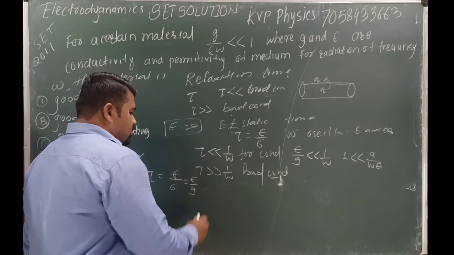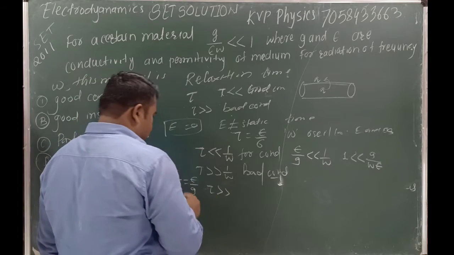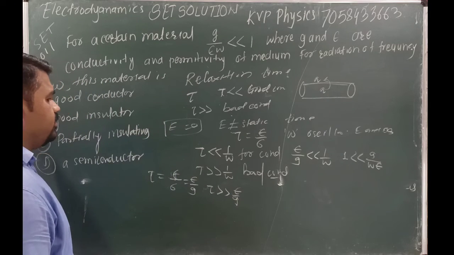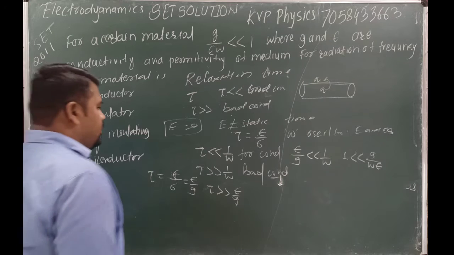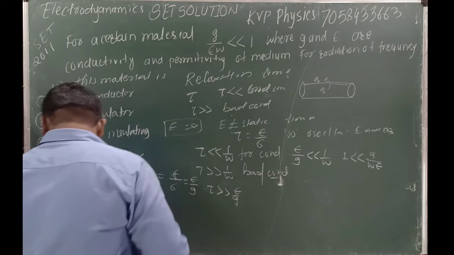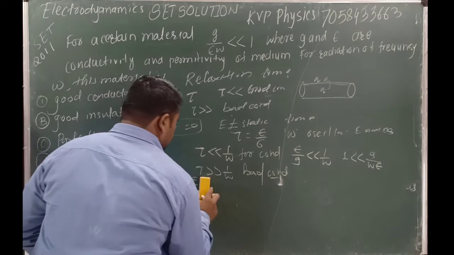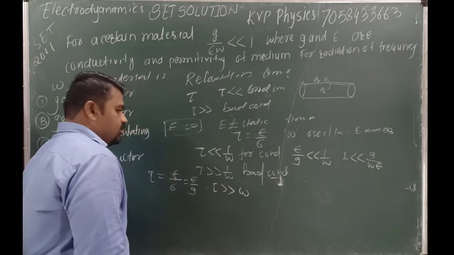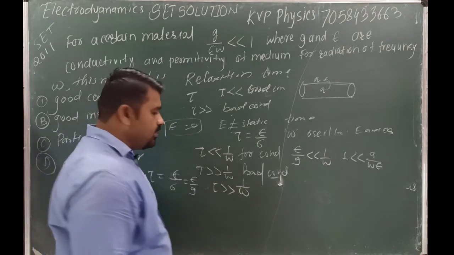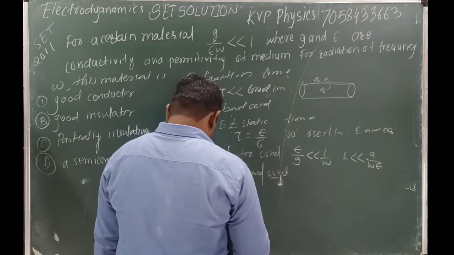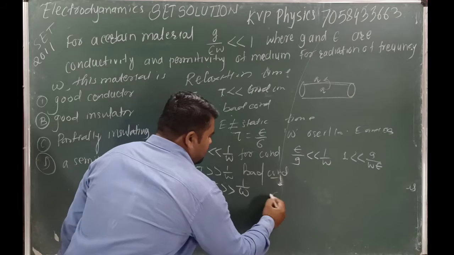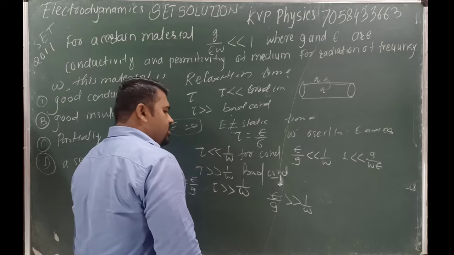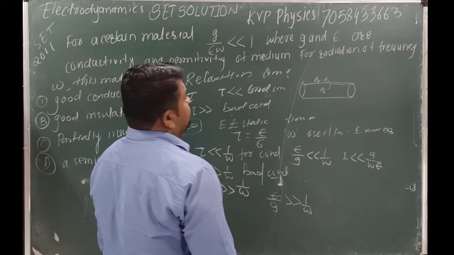The value of tau is epsilon upon G, so epsilon upon G is very greater than 1 upon omega. Yes or no?